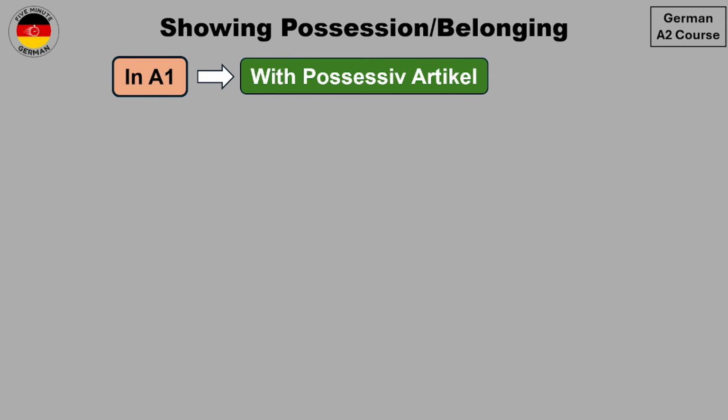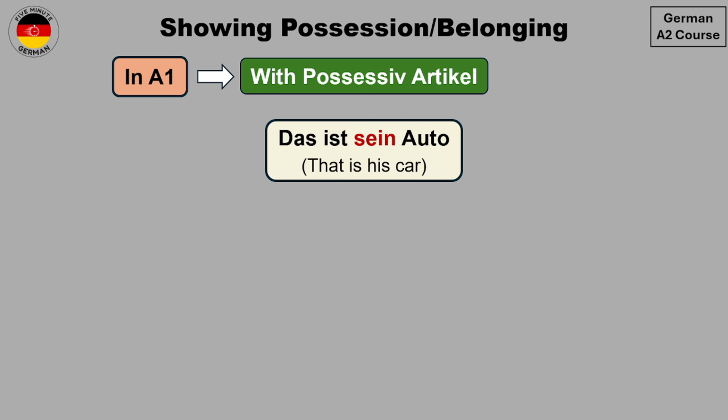Now if you remember, in the A1 course, we learned that we can show possession or belonging with the possessive article. For example, we have the sentence, das ist sein Auto, that is his car. Now in this sentence, sein is the possessive article which means his and shows possession. Let's take another example.